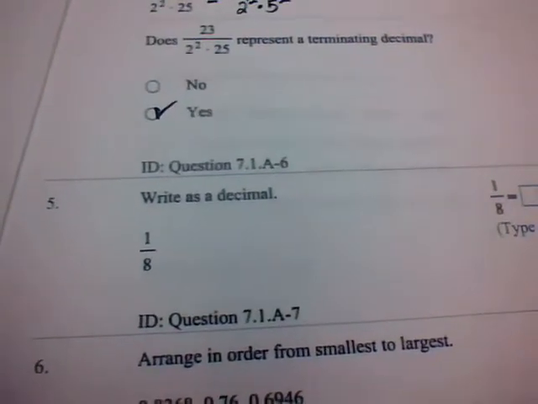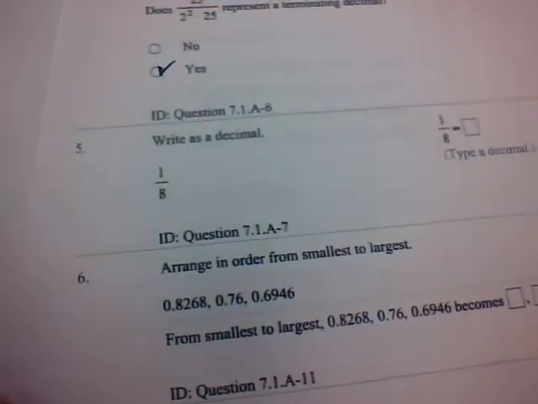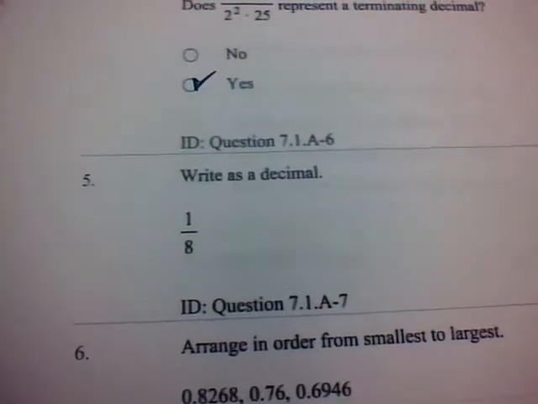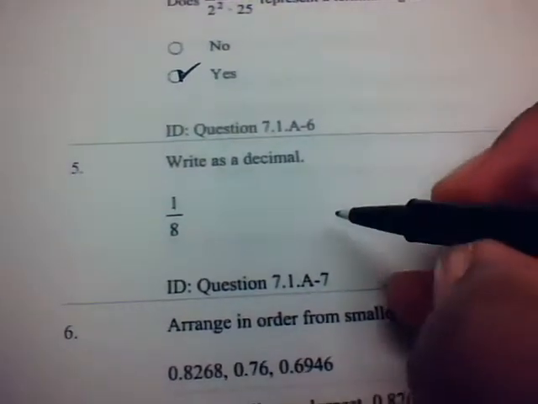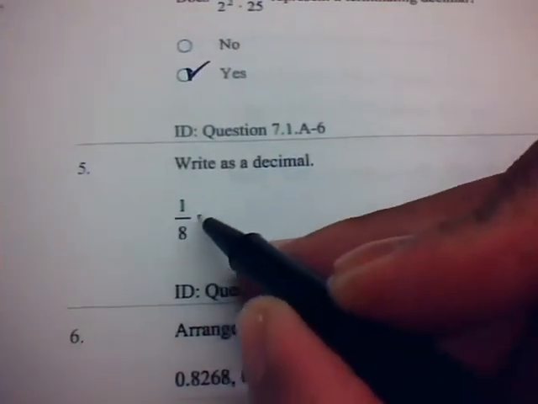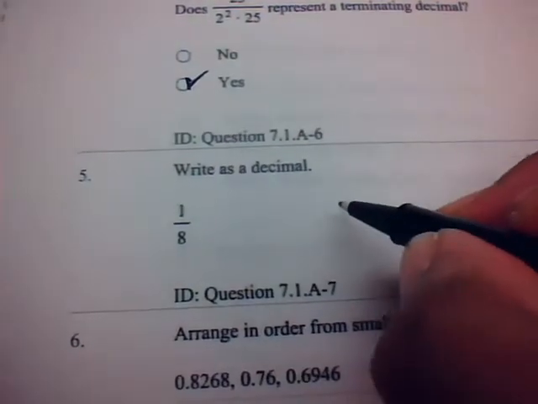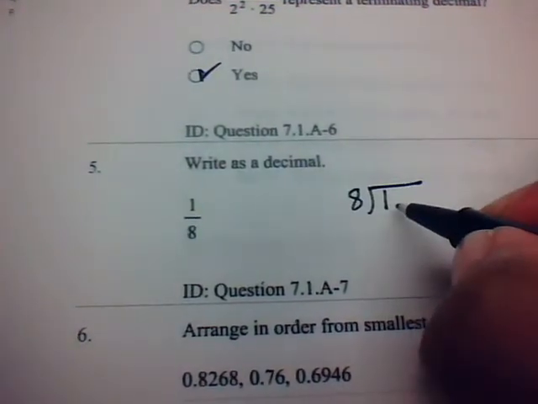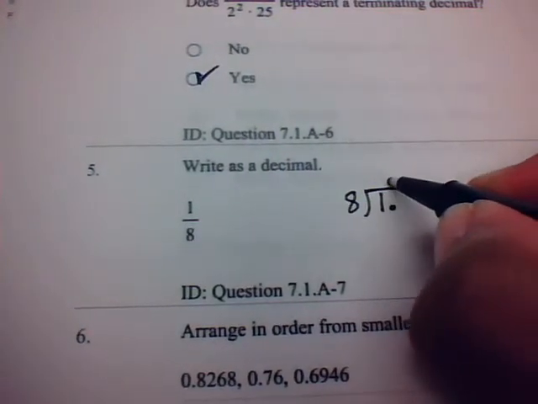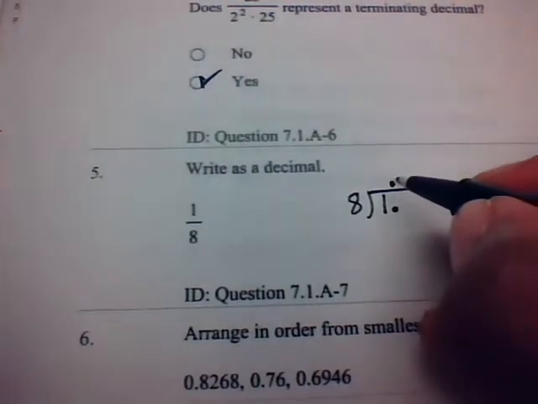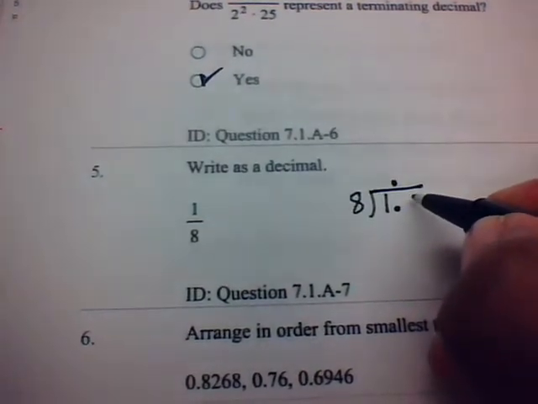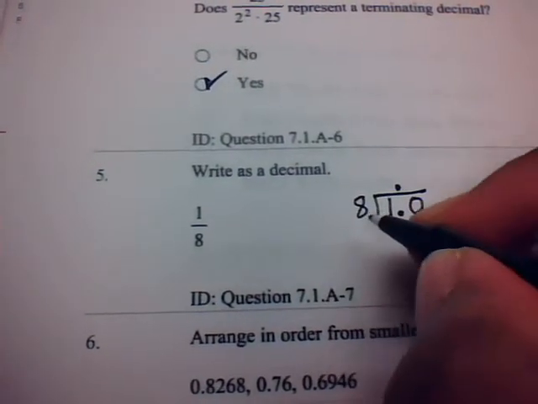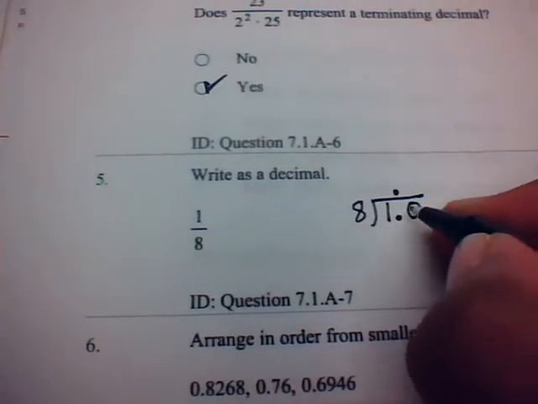All right, number 5, write 1/8 as a decimal. Okay, the way you can do this is through long division. We can divide the denominator into the numerator. Here we can divide 8 into 1. And here we're going to place the decimal point behind the 1, and we'll place a decimal point in the quotient. And since we can't divide 8 into 1, we'll put a 0 there.